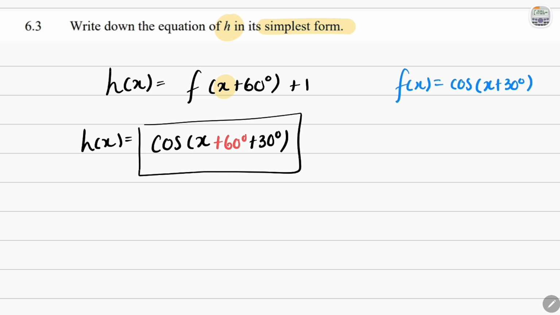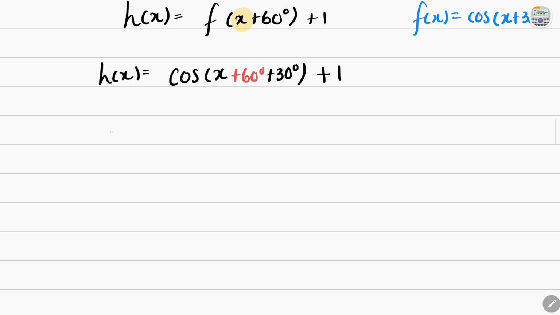Whatever we have inside gives us the y values of this graph, and you simply add 1 to this. When we simplify, h of x is equal to cos of x plus 90 degrees, or 90 degrees plus x, and then plus 1.